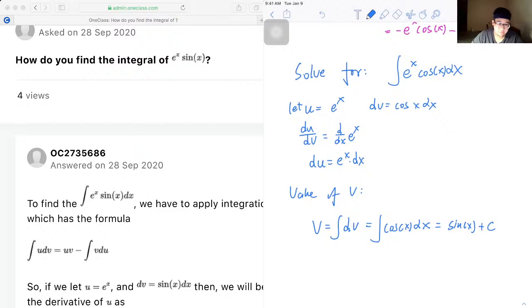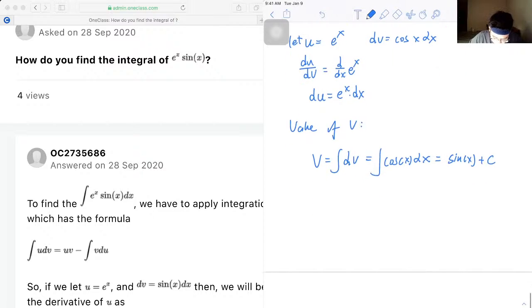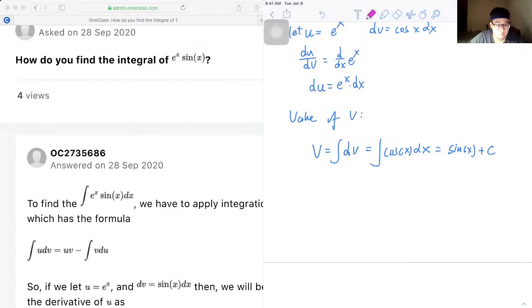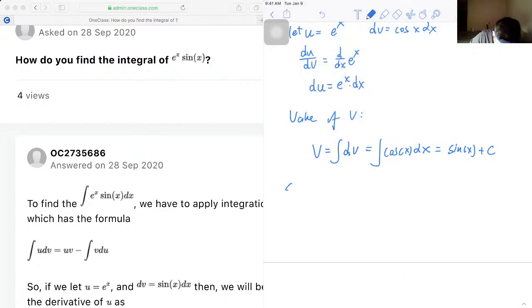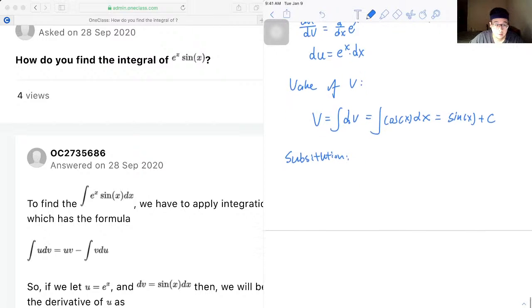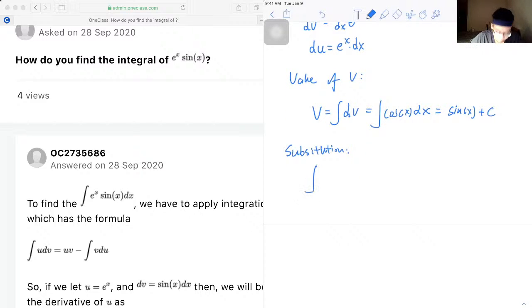And substituting this value back into our formula, we will have integral e^x cosine x dx equal to e^x sine x minus integral sine x times e^x dx.